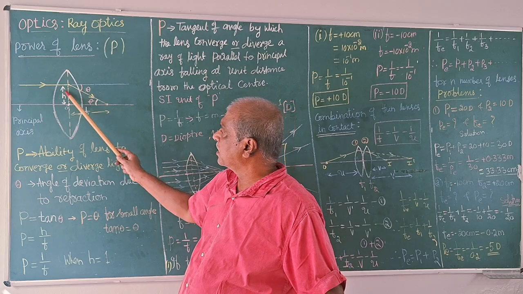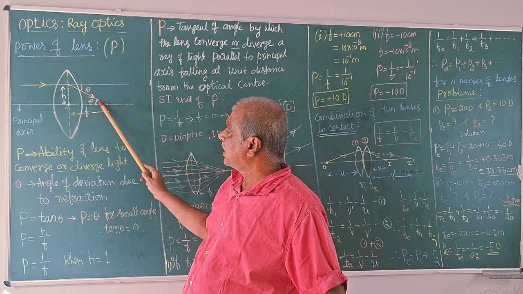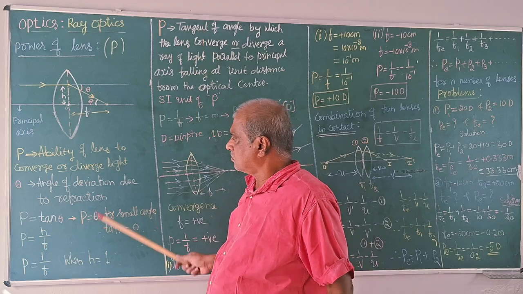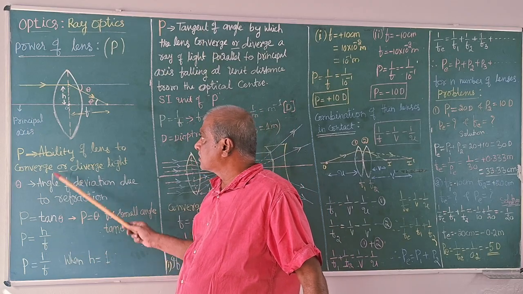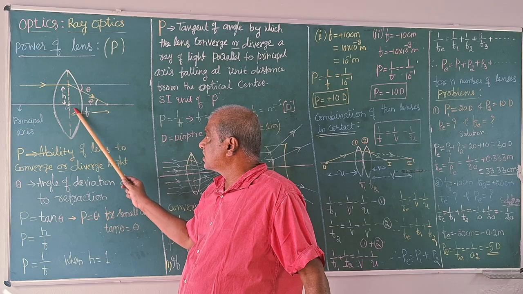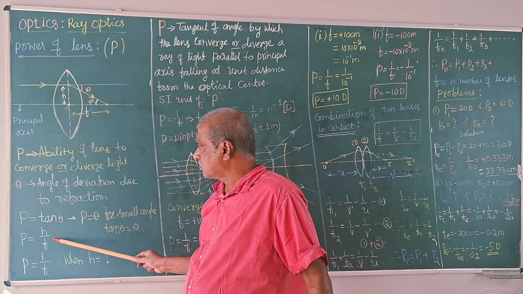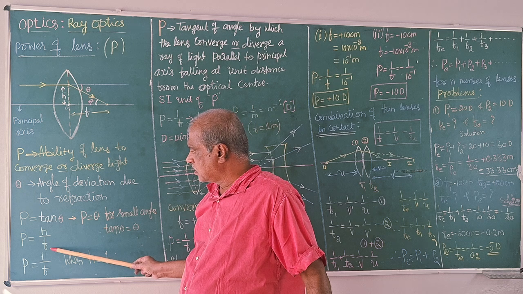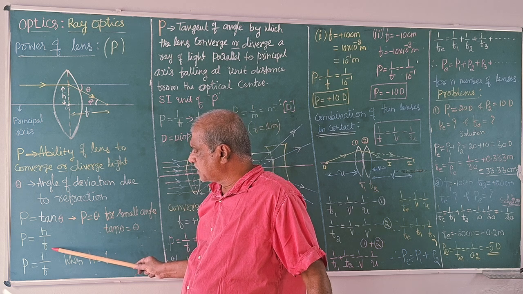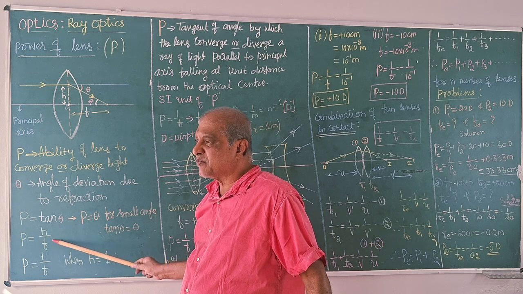It is in the right angle triangle. Write tan theta definition. Tan theta is equal to opposite by adjacent. Opposite side is h, adjacent is f. Tan theta equals h by f equation. And for definition, it requires further simplification.